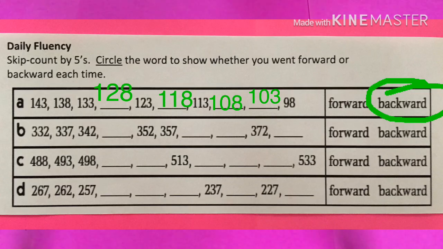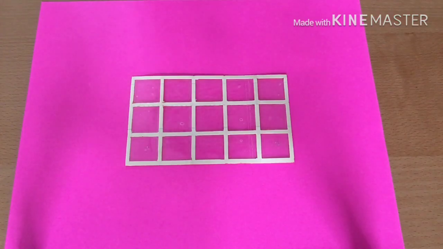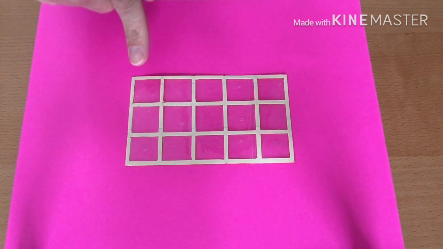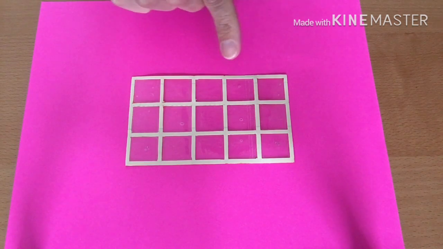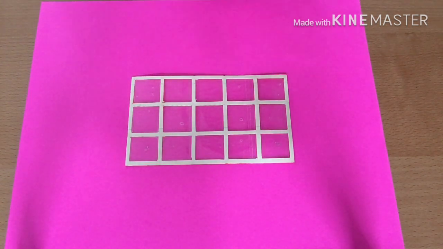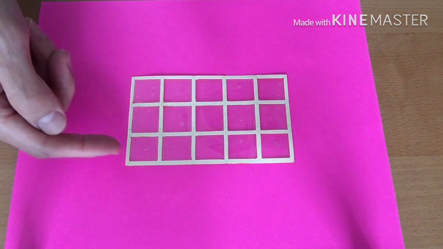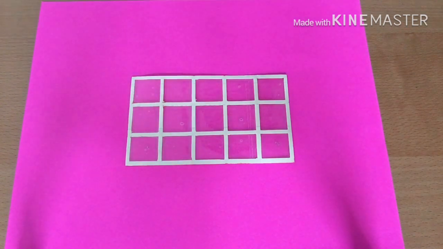So you write 103. Today we're gonna learn how to decompose an array or a rectangle just the same way that you decompose a number with a number bond. So this array, like you see, has 1, 2, 3, 4, and 5 columns and 1, 2, and 3 rows.